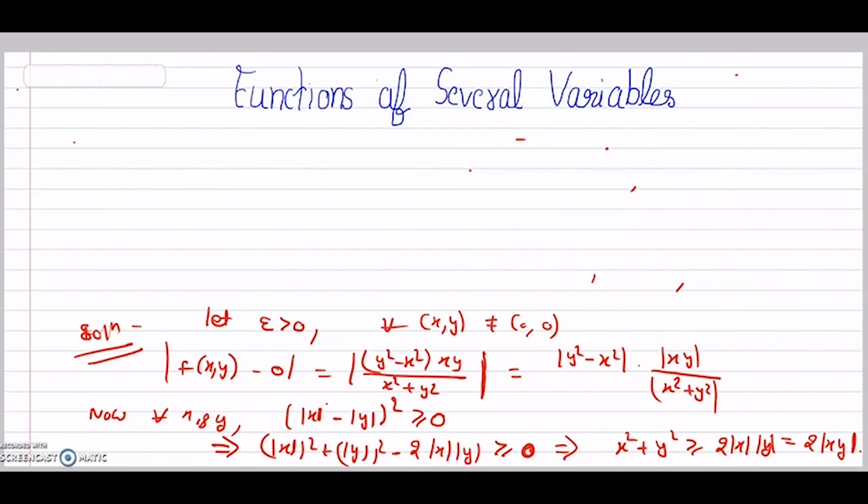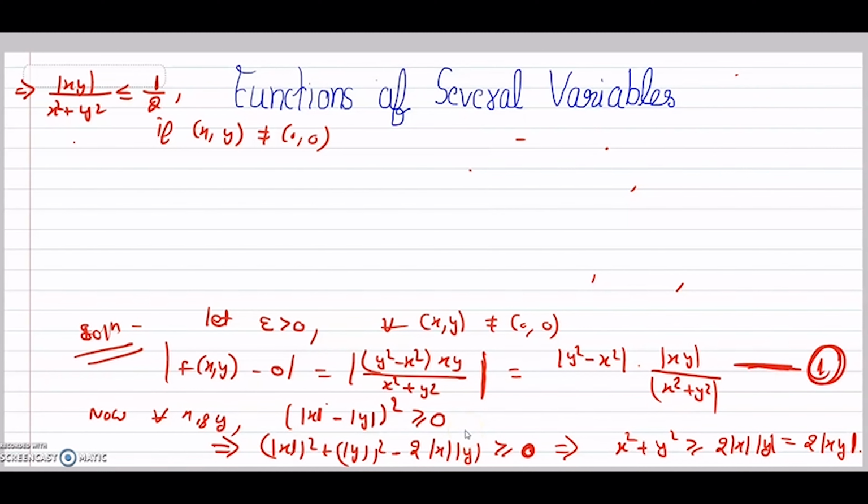so this implies that modulus of xy upon x square plus y square is smaller than equal to 1 by 2 if (x,y) is not equals to (0,0). ठीक है, अब जो ये हमारे पास ये वाली इक्वेशन थी इसको हम मान लेते हैं 1 एंड इसको हम बोल देते हैं 2.